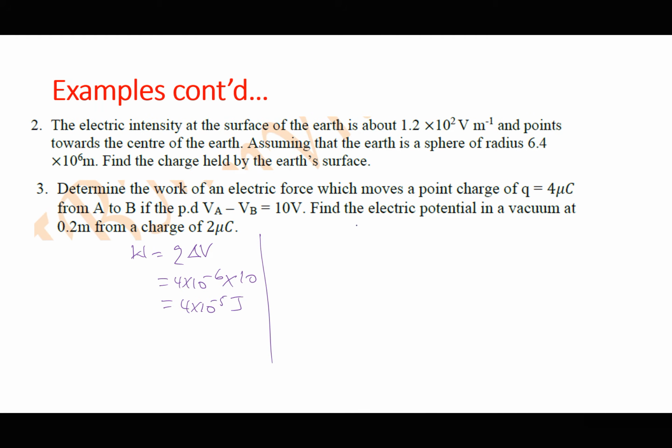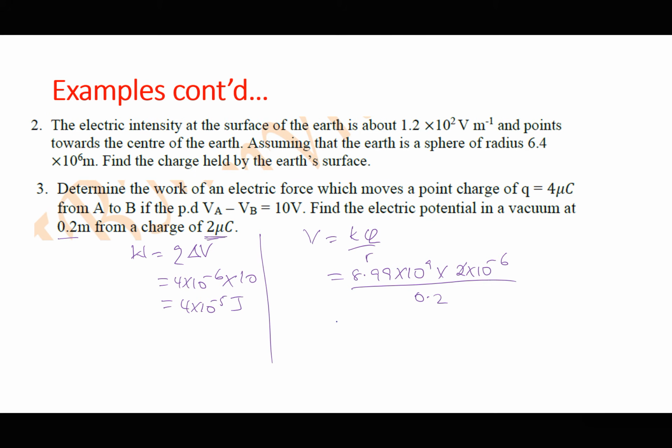That's the work done. Find the electric potential in a vacuum at 0.2 meters from this charge. So this is the charge creating the field. We want the potential at this distance. Potential is equal to kQ over R. This is going to be 8.99 times 10 power 9, then times Q, which is 2 times 10 power negative 6, divided by 0.2.